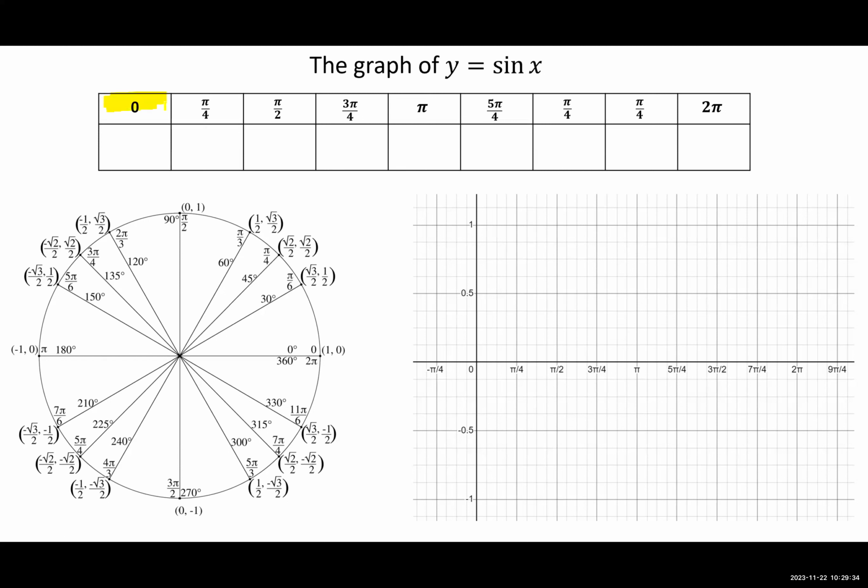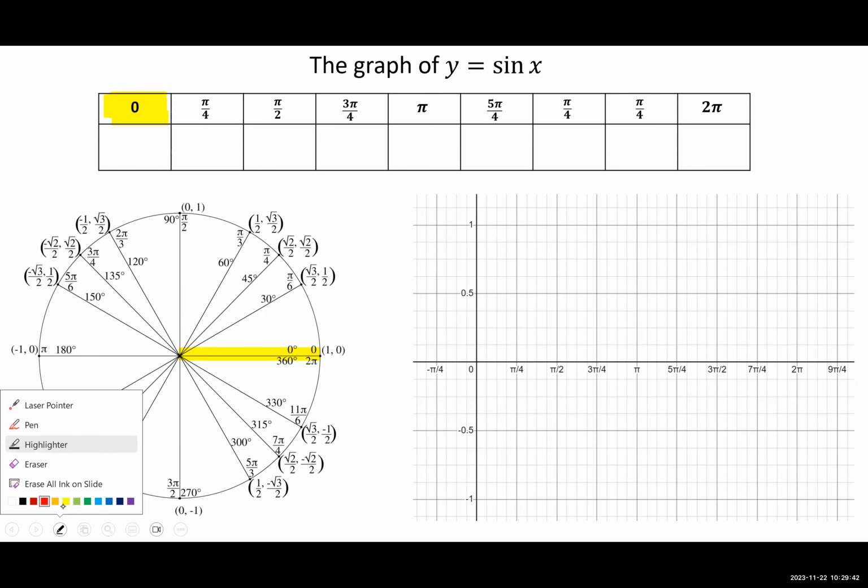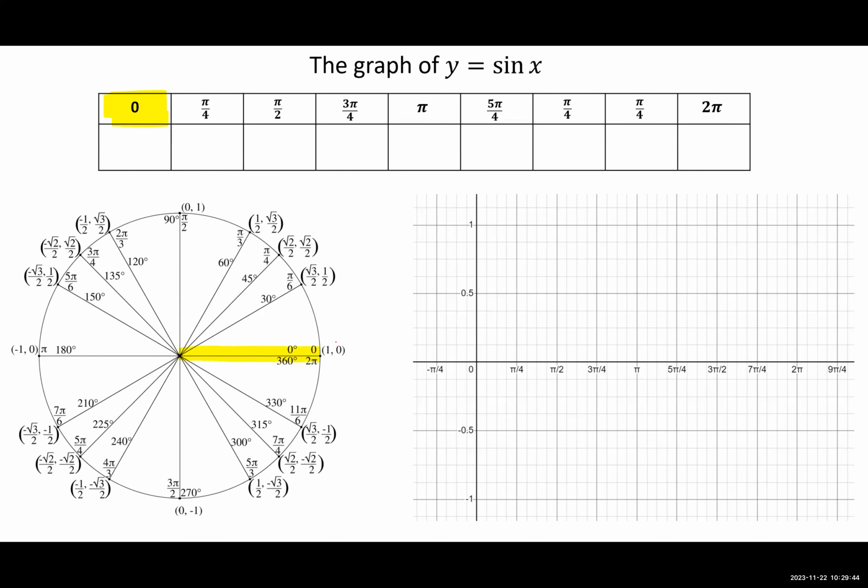First angle, 0. That puts us at this terminal point, 1, 0, and the sine of an angle is the y value of the terminal point.